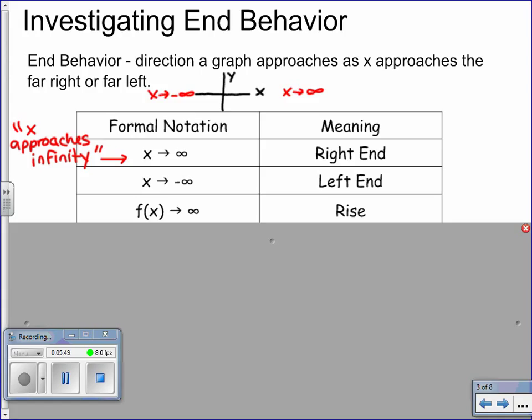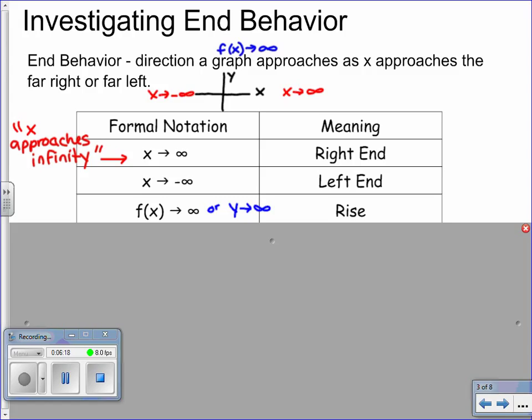So over here on our graph, we could say that f of x approaches positive infinity is towards the top of the graph. What is f of x really? Just a fancy way to write y. So we could also think about this as y approaches positive infinity. And so you could kind of guess what the last one's going to be, right?